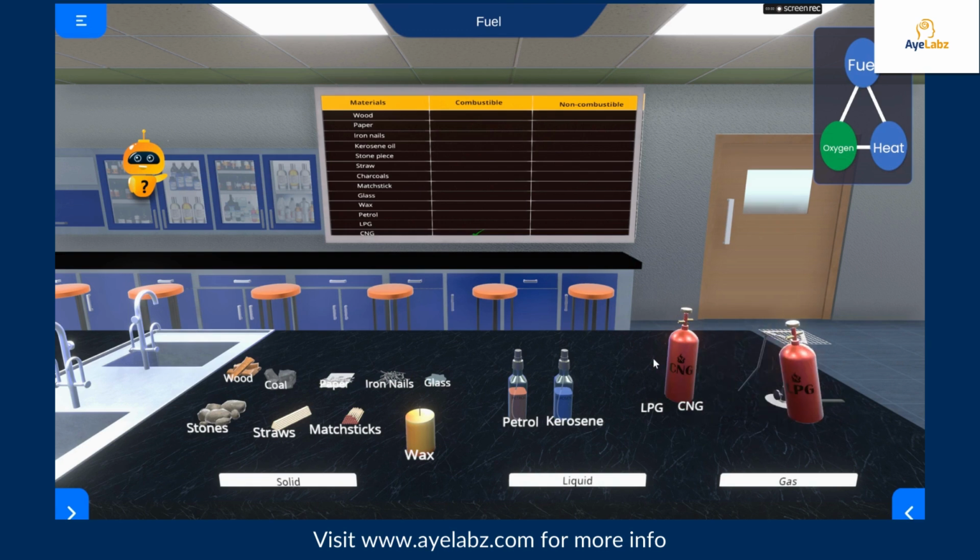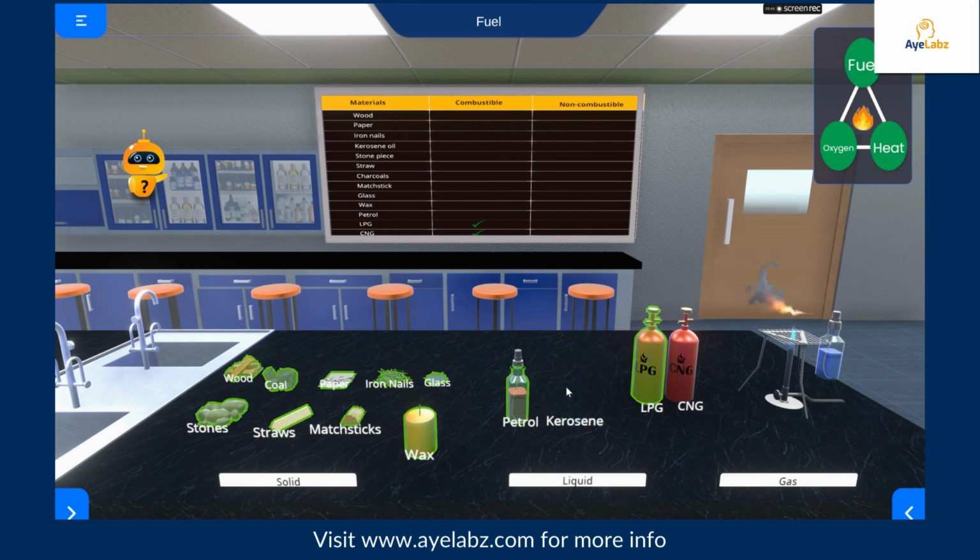What about LPG? Again, that is combustible. What about kerosene? As you can see, we are checking those materials and automatically that is updated on the board whether that is combustible or non-combustible.